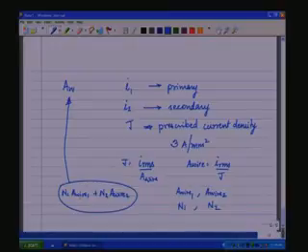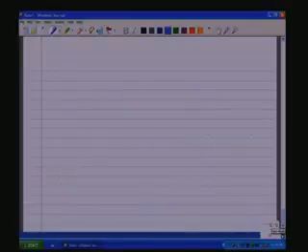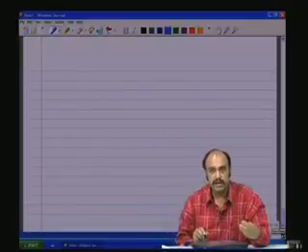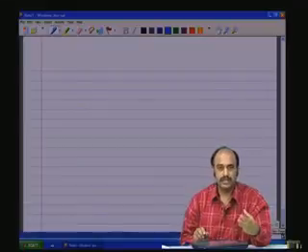Now, A wire is dependent on the RMS value of the currents. So, the current carrying capability is decided by AW. The voltage capability is decided by AC, the cross sectional area of the core.